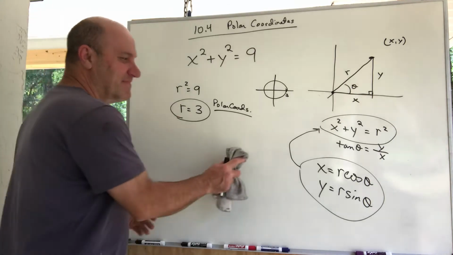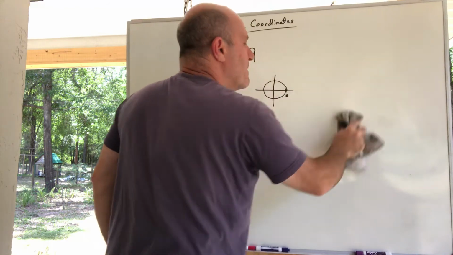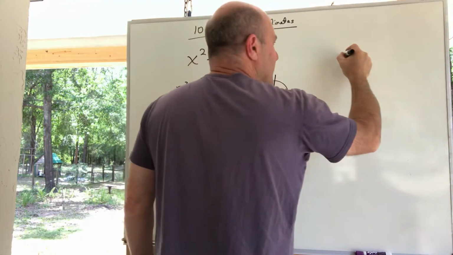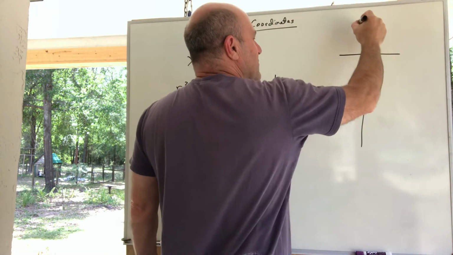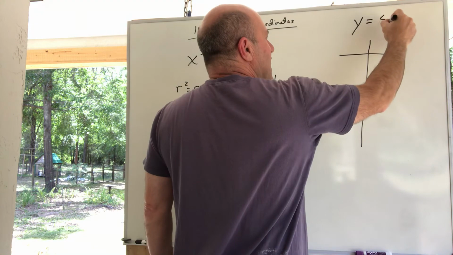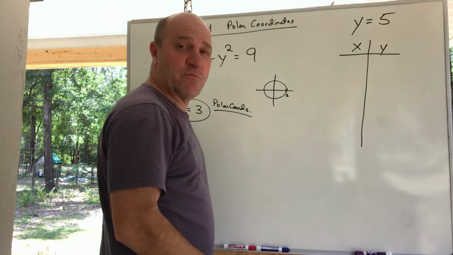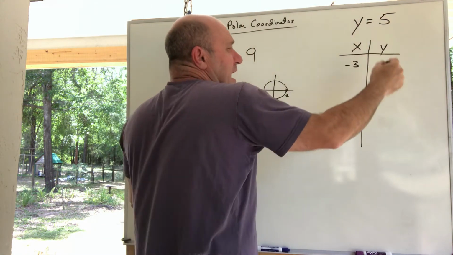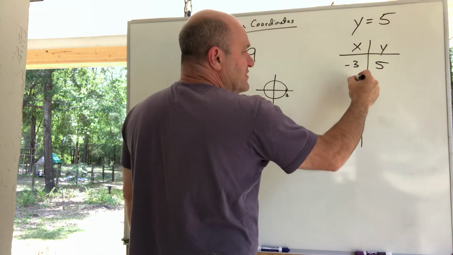Let me make a connection here. Way back in 3rd or 4th grade, when someone said, hey, let's graph y equals 5, you would plot points. Come on, kids, let's plot some points. And you would go, when x is negative 3, plug it in, what do you get for y? And you'd say, y is 5. Y is stuck on 5. What about when x is 0?